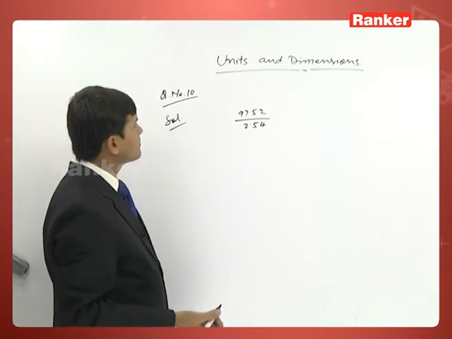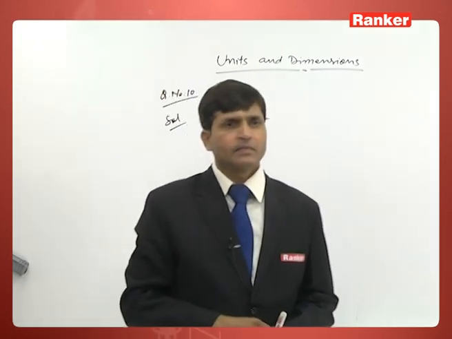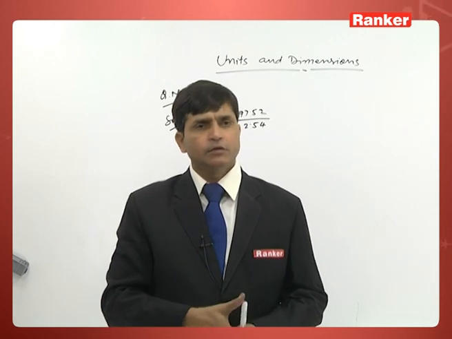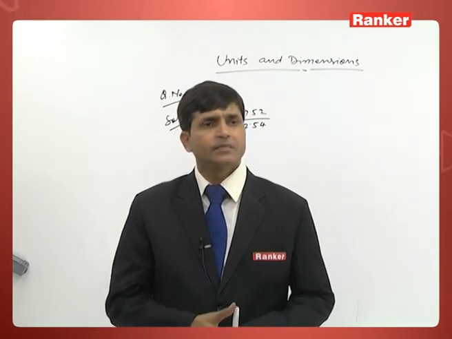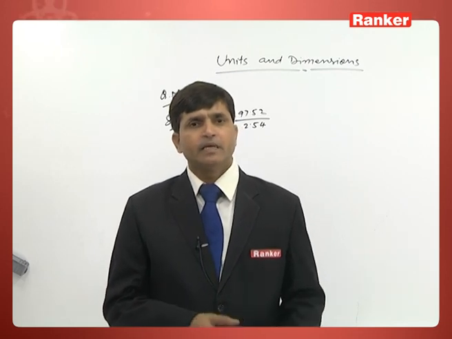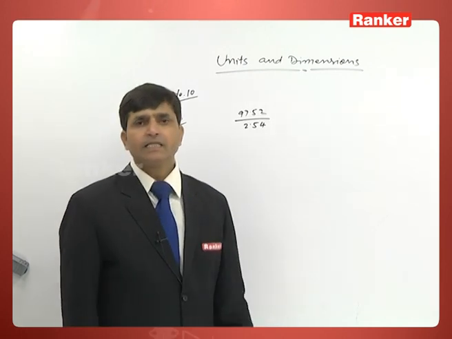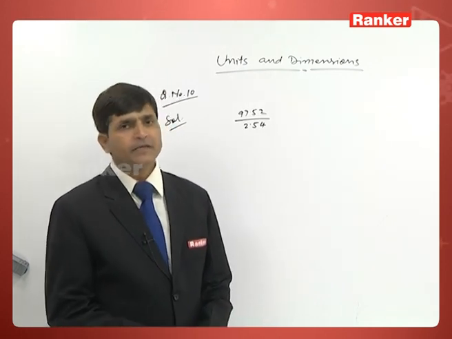First of all, according to the significant figures rule, whenever we use division or multiplication, our answer should have as many significant figures as the number with the least significant figures.